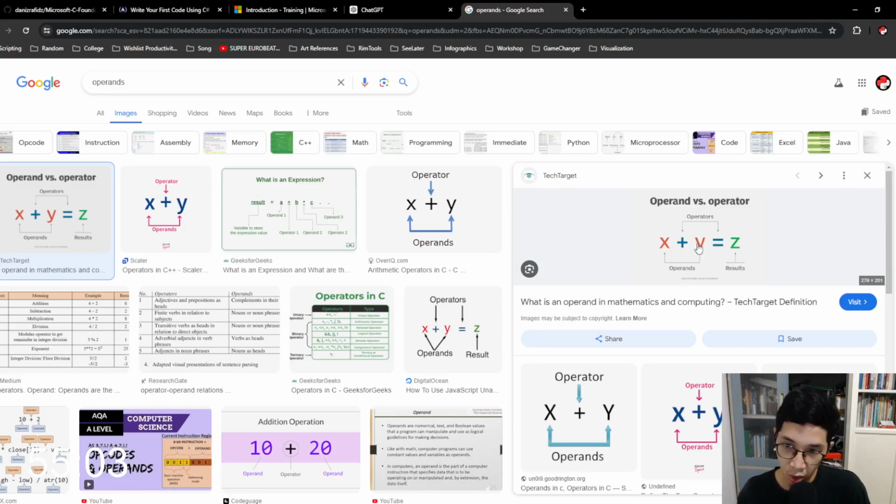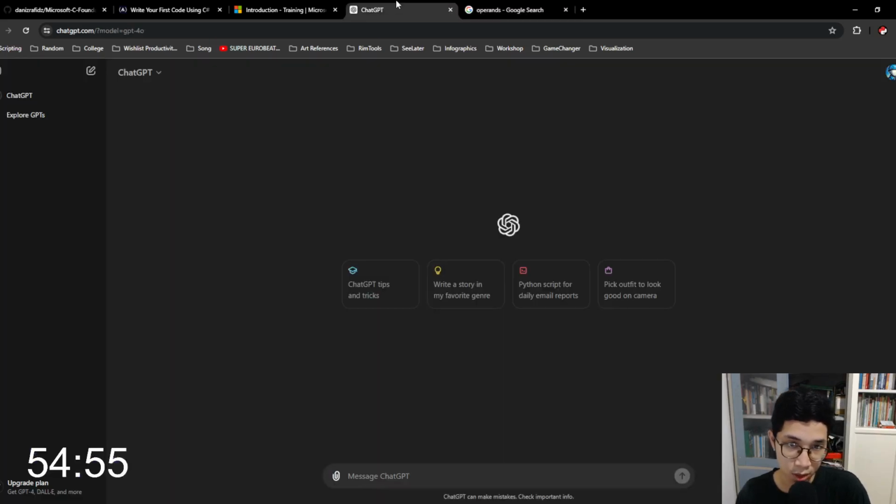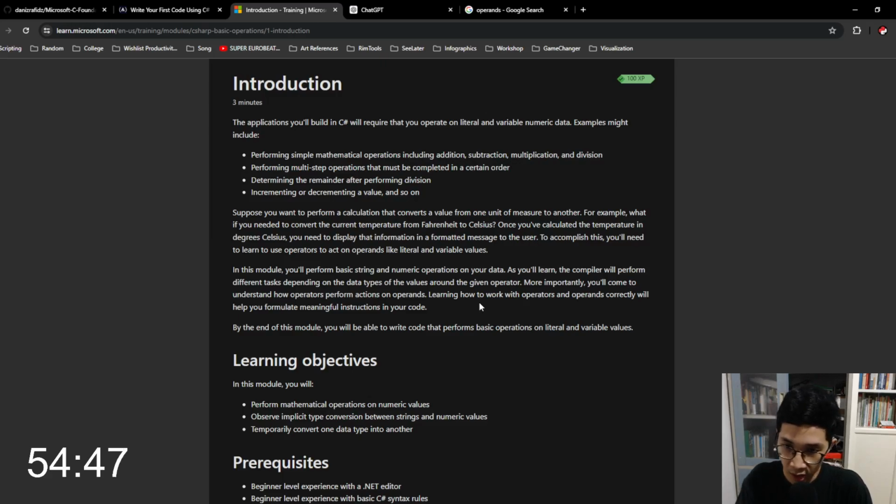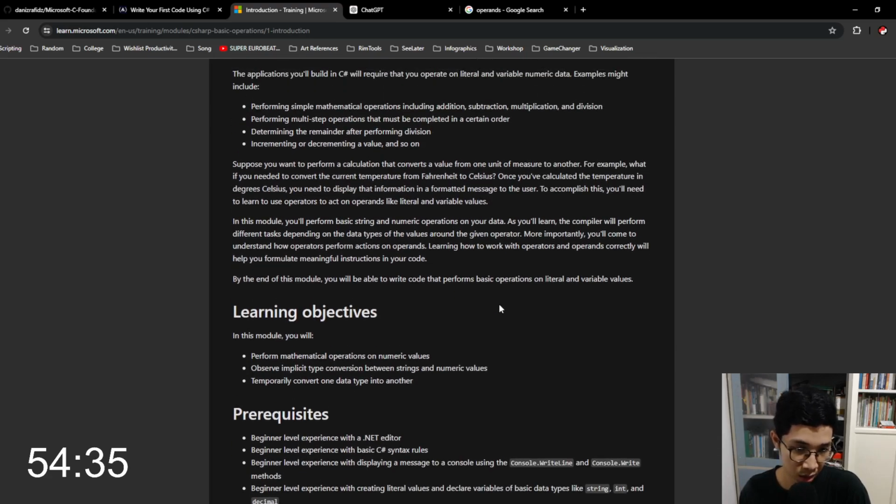That is an operand. Not an operator, but it's an operand. Learning how to work with operators and operands correctly will help you formulate meaningful instructions in your code. So I can say that operands are equal to variables, but I don't have any clue after this yet what it will be.